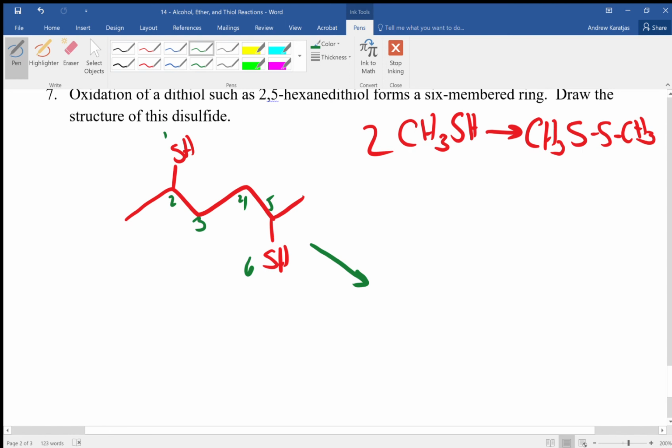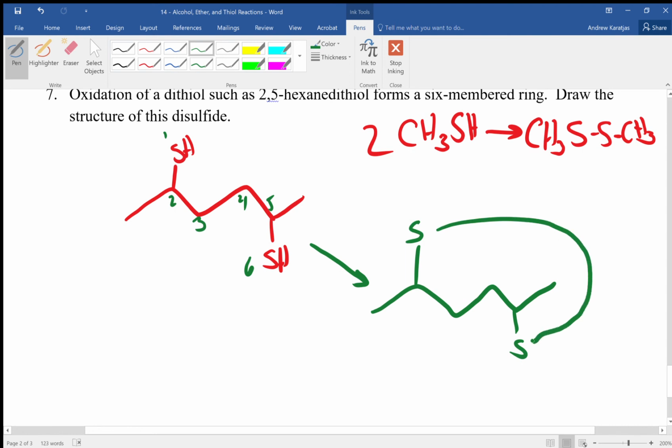And so we're still forming a new bond between these two sulfurs, just like we did above. It's just going to make the molecule cyclic. Now that's probably not the way we want to draw it, so we can convert that to a better looking drawing.